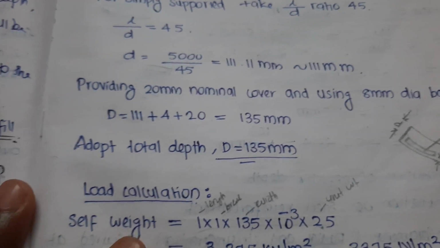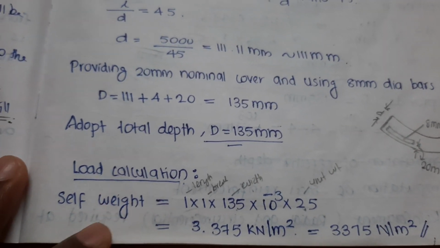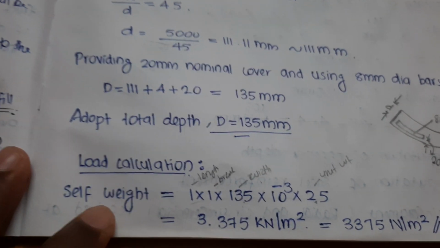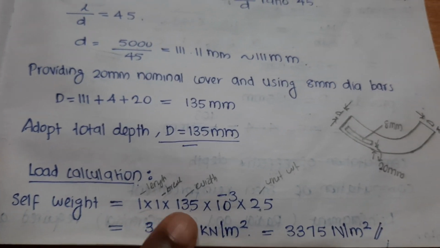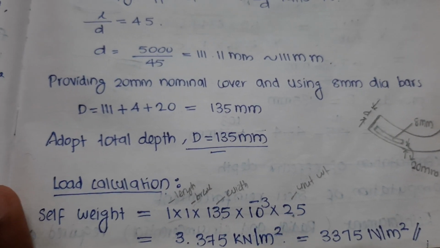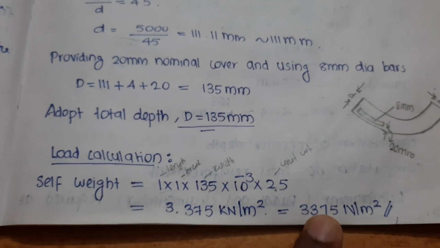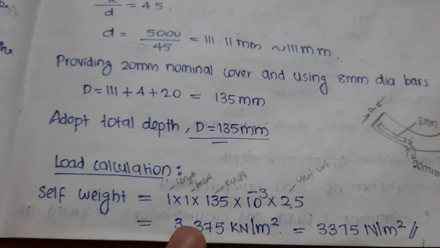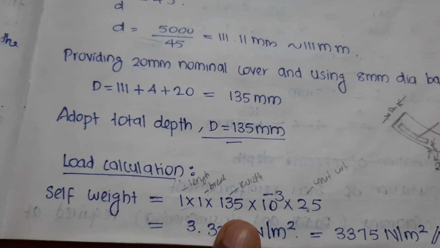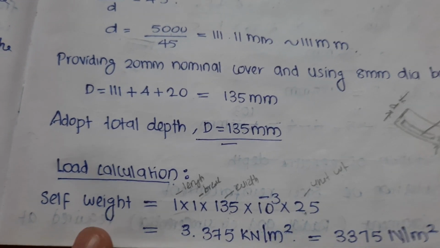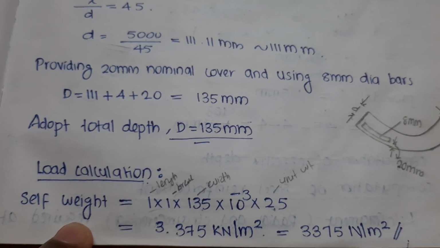Next we have to calculate the load. Self weight is equal to volume into unit weight of concrete. We know that unit weight of concrete is 25 kilonewton per meter cube. Multiplying length, breadth, width, we will get the self weight.